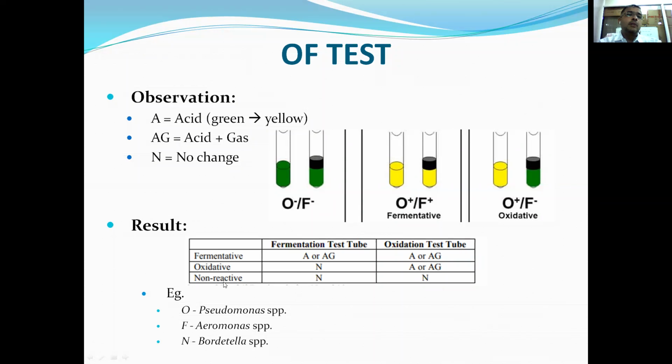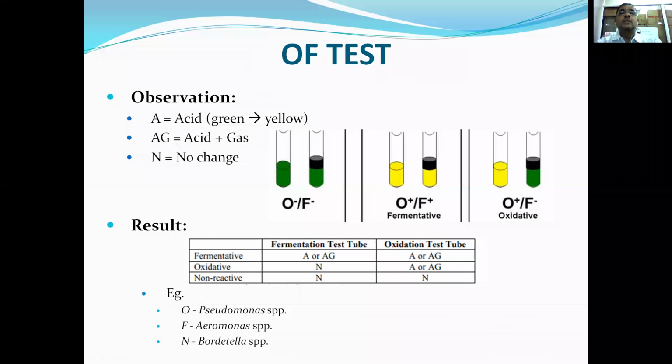This non-reactive result might be possible in two cases. One, if organisms are fastidious, they cannot grow in this basal OF medium, and in such cases you have to add supplements like serum. Second, there are some organisms that are by default non-reactive to glucose.